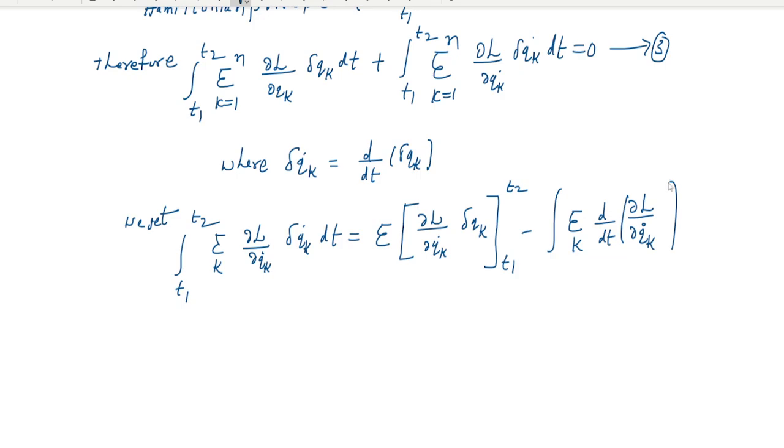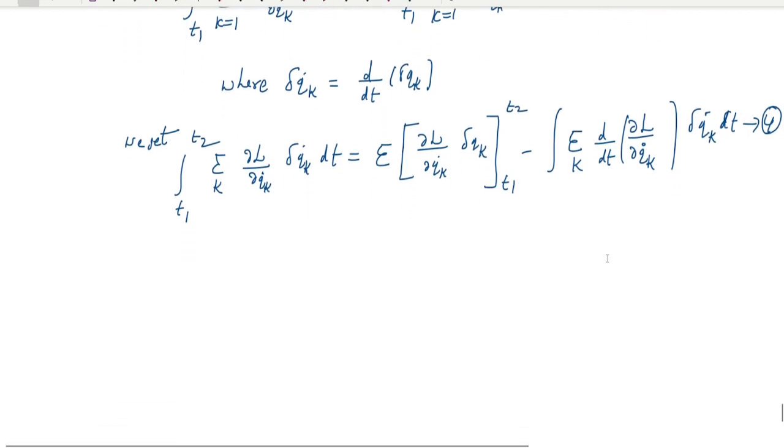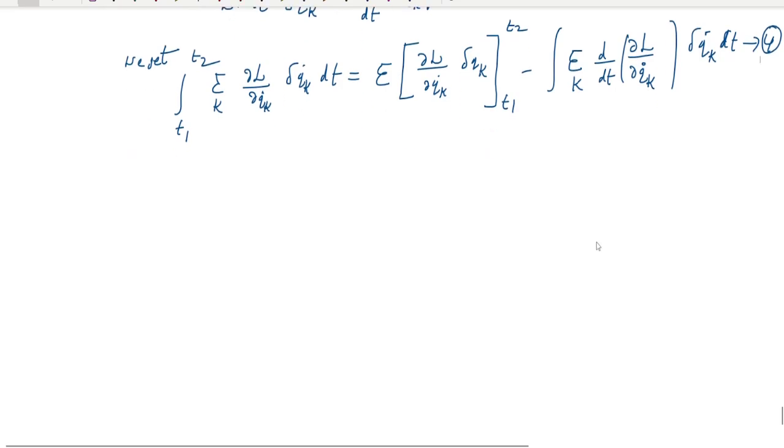Remaining this term, this one is delta q dot, delta dt. This is equation number 4. The fourth equation we got, right?